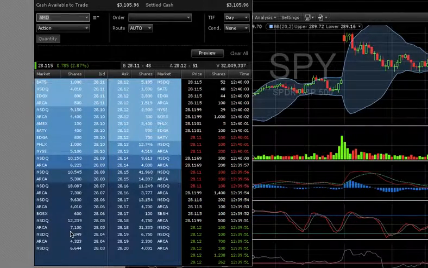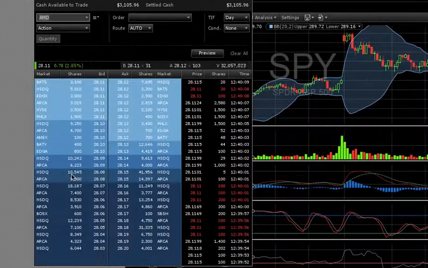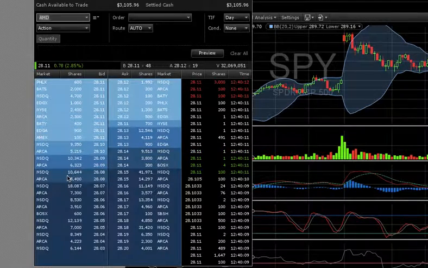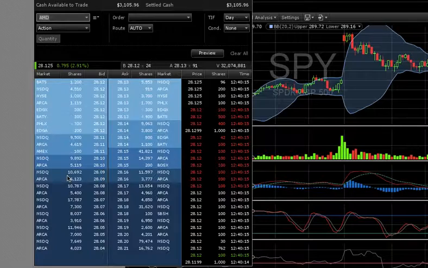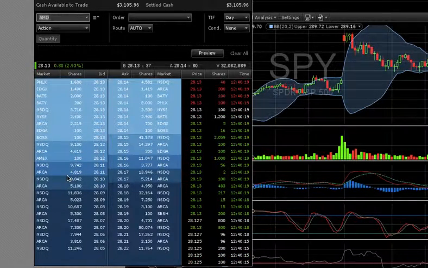So if on the bid at 28 someone put 500,000 shares, then you would know you'd be pretty safe to jump in around 28, because someone has to eat through that bid if it wants to drop below 28. And if they don't eat through that bid, then it's going to hold 28 if he keeps his order there.